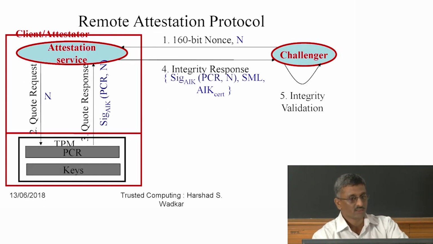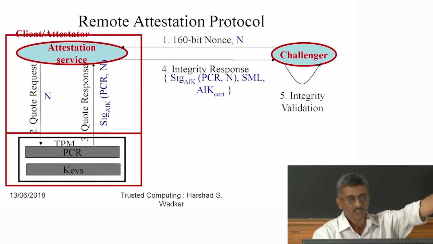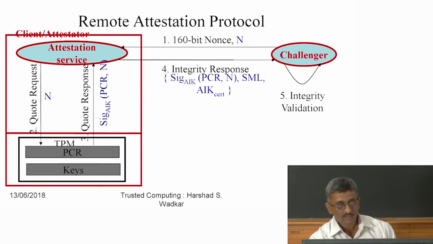All those things are handled by this RTR system, and that is called the remote attestation protocol. On the left hand side you can see the client system, on the right hand side is the system which is going to verify you. The challenger, or the system verifier, I am the system verifier. I will generate one nonce which is 160-bit.